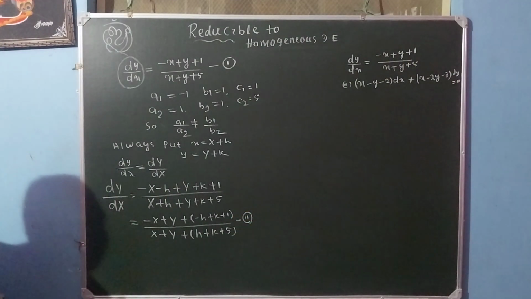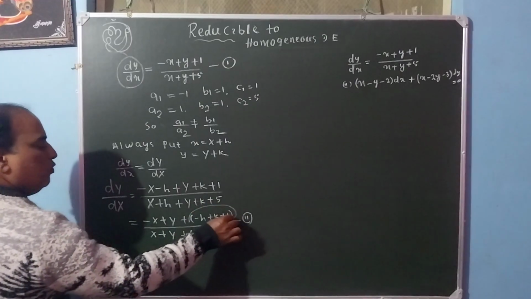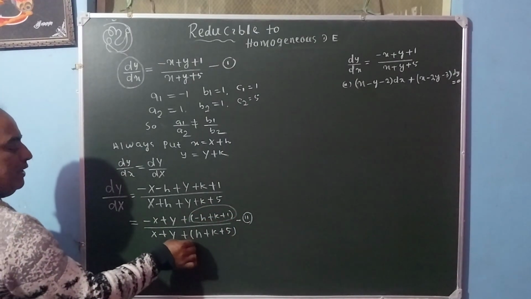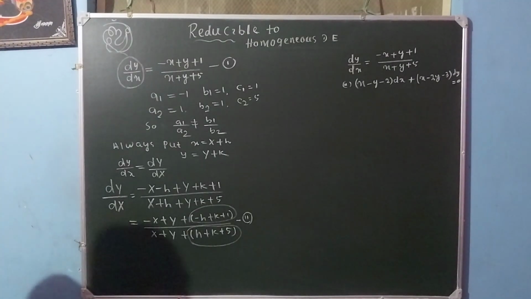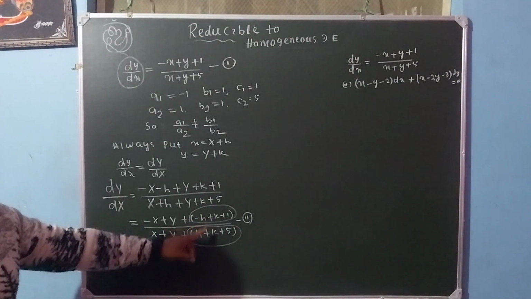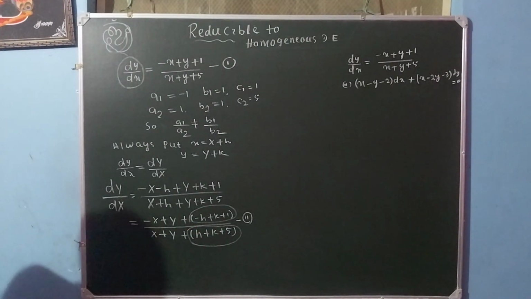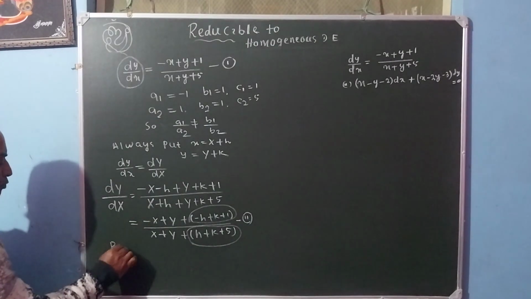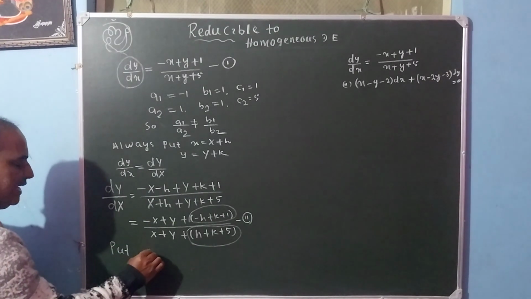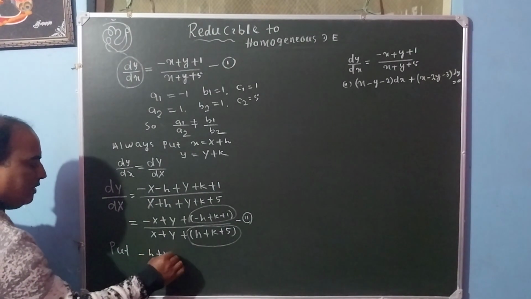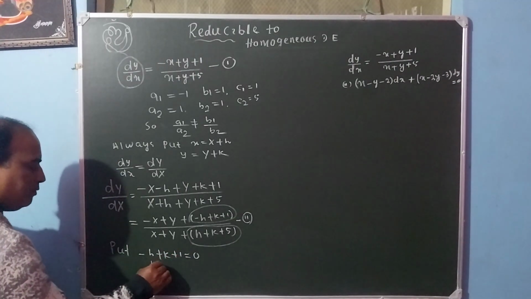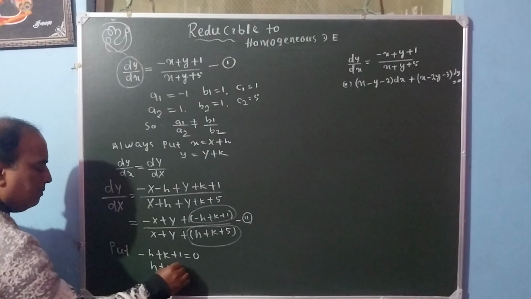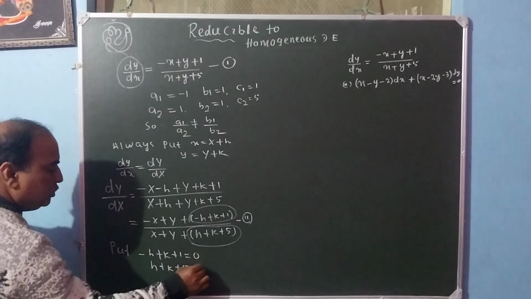Now we have to put these constant quantities as 0 in order to reduce it into a homogeneous differential equation. Write down, put minus h plus k plus 1 is equal to 0, and h plus k plus 5 is equal to 0.